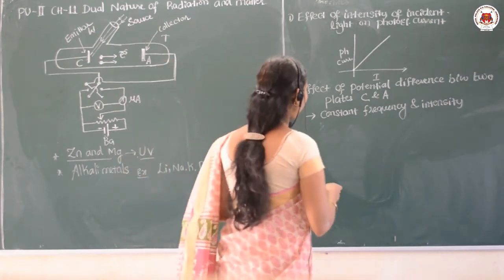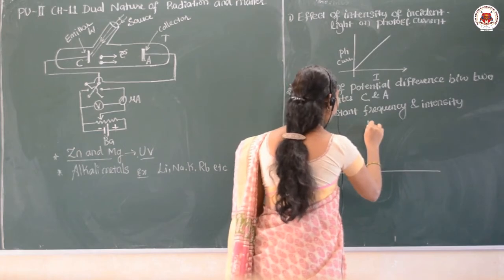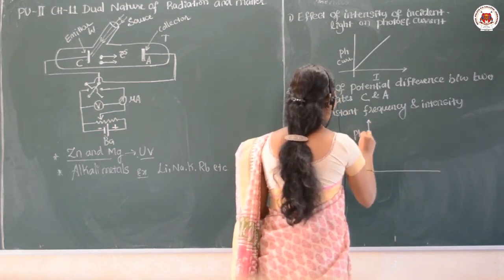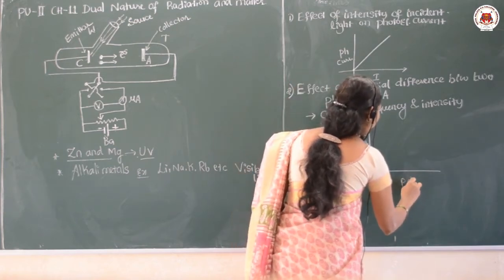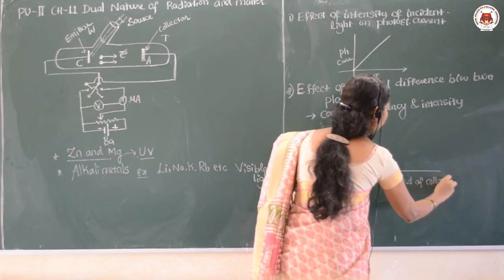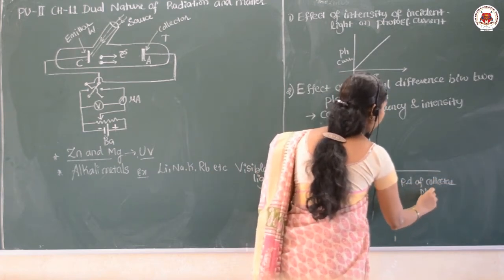That I want to explain with the help of the graph here. This is the photocurrent that I use, and here I use the PD of the collector plate. PD means what? Potential difference of the collector plate.